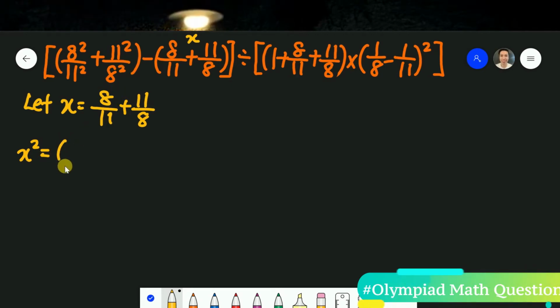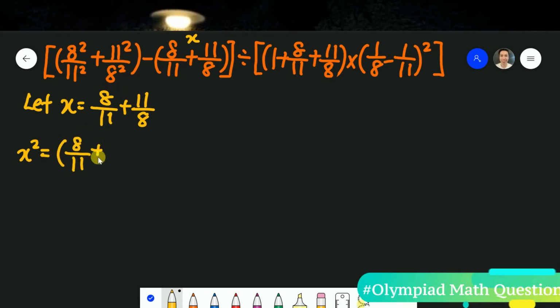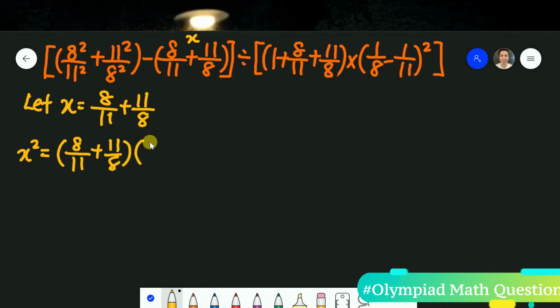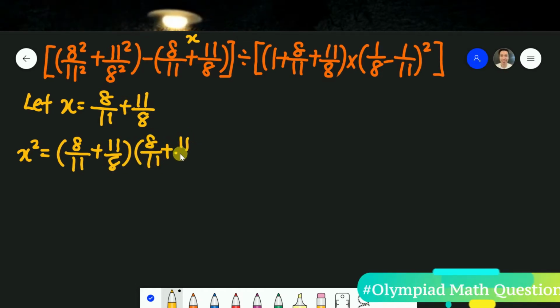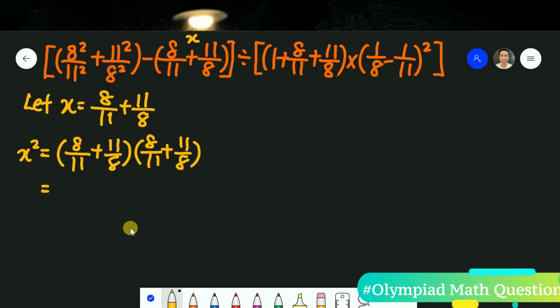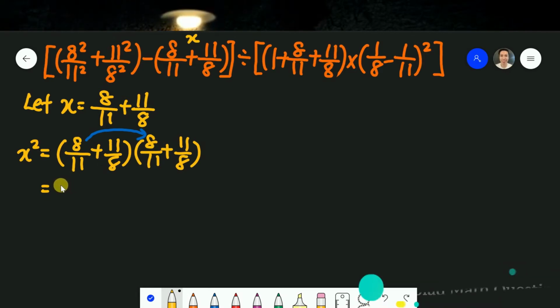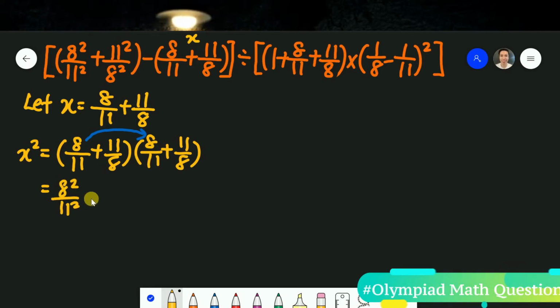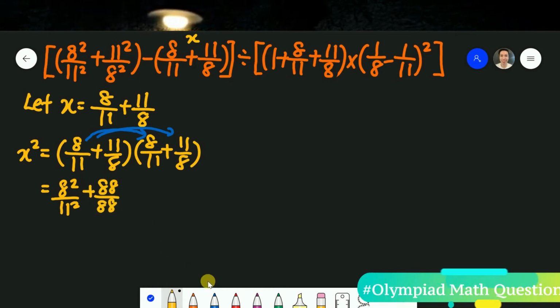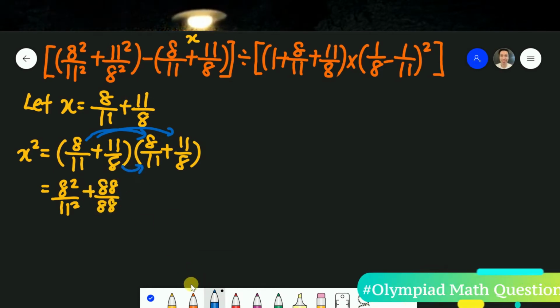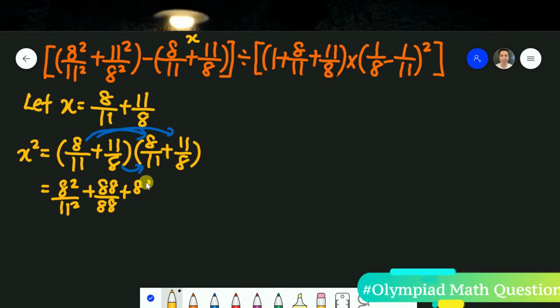If we find x squared, we multiply this number by itself, so we can expand it. 8 over 11 times 8 over 11 gives 8 squared over 11 squared. Then 8 over 11 times 11 over 8 gives 88 over 88, and the next part gives 88 over 88 as well.